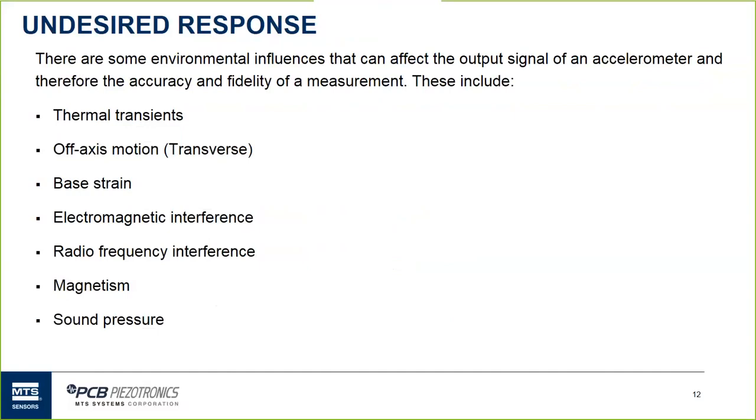Then you have off-axis, whether we're measuring just simply the z-axis or x, y, and z, there is influence, in this case transverse for an example, that may influence that measurement.